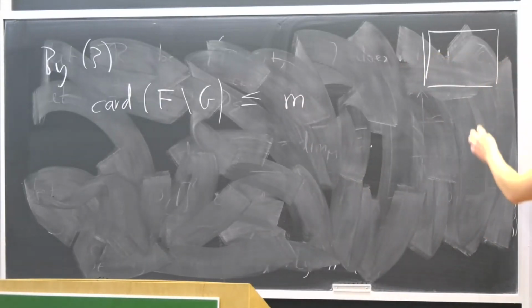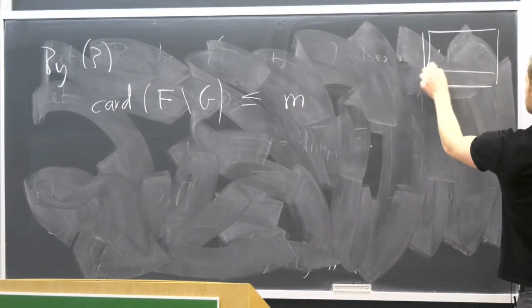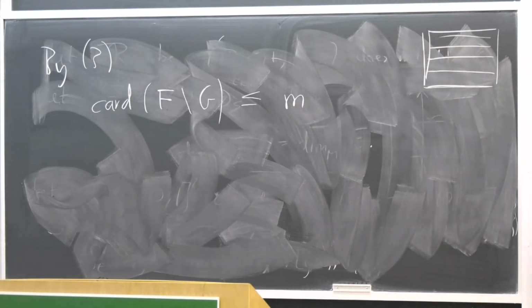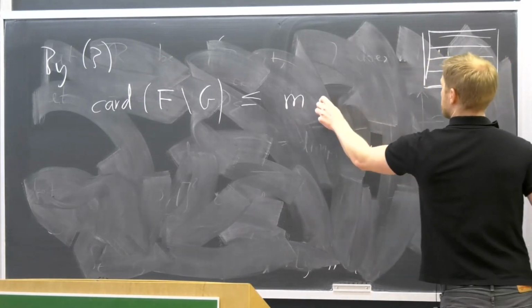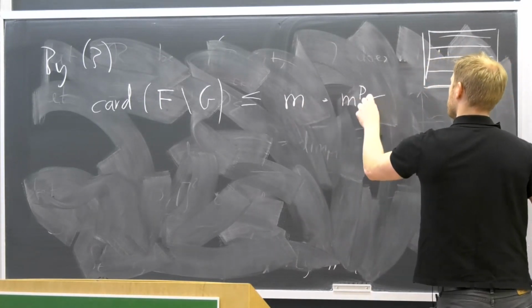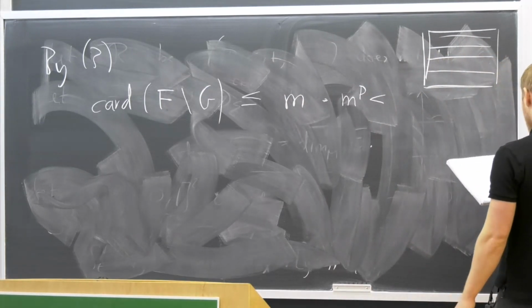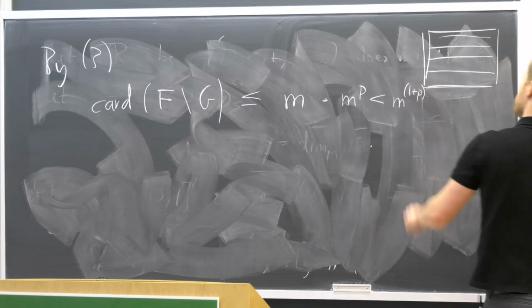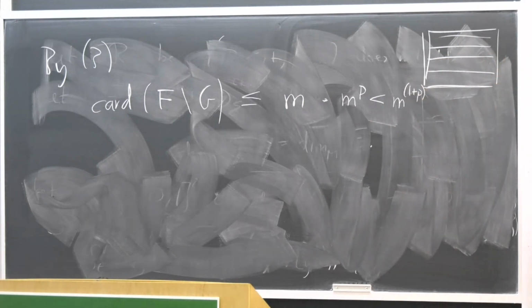But we know that the points of discontinuity for each of these lines, for each of these boxes, is small. So by 3, it's bounded by m to the p. For each of these lines, this is smaller than m to the p, and so this is smaller than m plus 1 plus p. So in particular, it's smaller than 3 to the md.